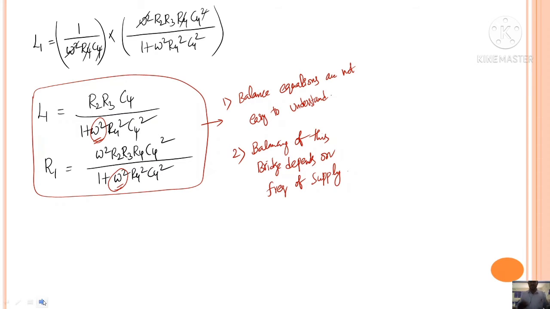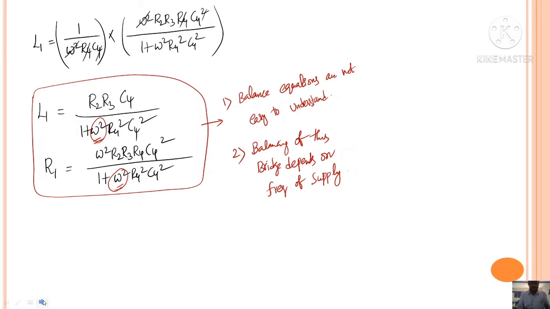Getting the balancing equation is difficult, and also these balance equations are not easy to understand. And the third drawback is balancing of this bridge depends upon the frequency of the supply. So we need to keep the frequency of the supply constant in order to get the balance condition in a smooth manner.